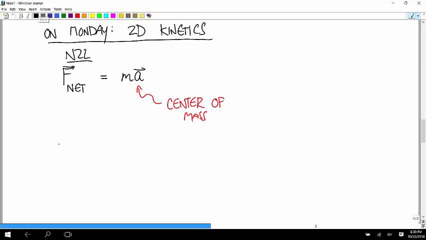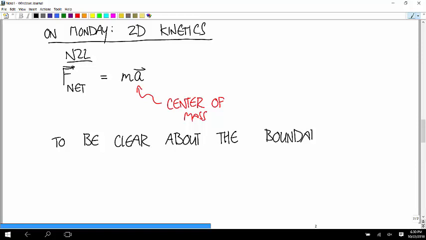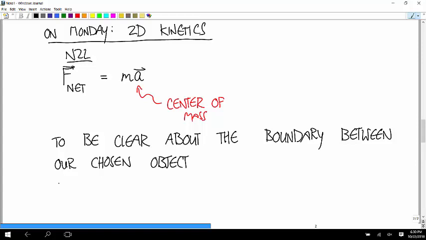And to be clear to ourselves, let me say it like this, be clear about the boundary between our chosen object and the surroundings.